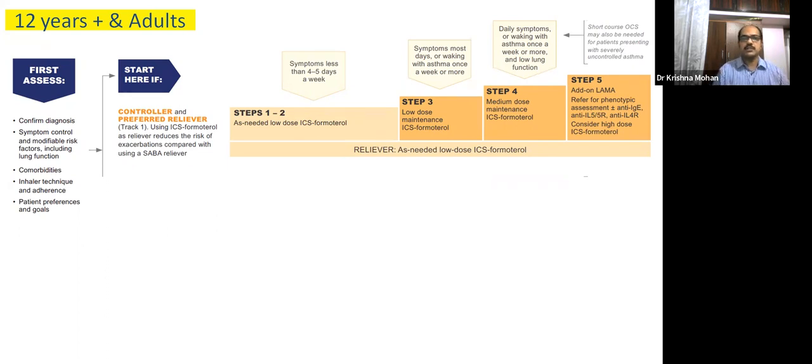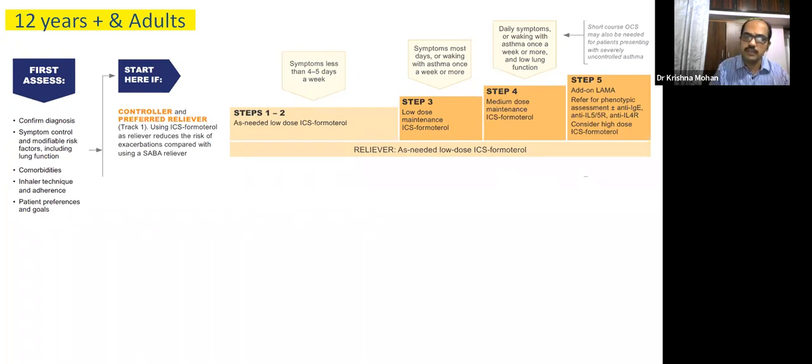And if the patient is not getting control with this, then we have to proceed to step 3. There, what is advised is that you use the same MDI, but you use it on a daily basis: low dose maintenance ICS for control, for a minimum of 3 months. That is step 3. And even at step 3, if the patient is not getting control, then you increase the dose of the same thing. You make it medium dose maintenance ICS for control on a daily basis.